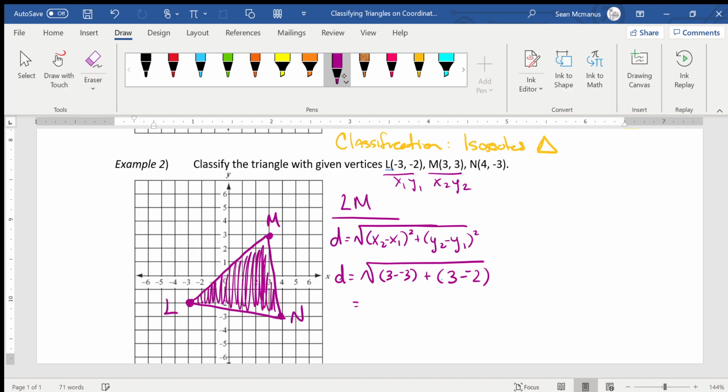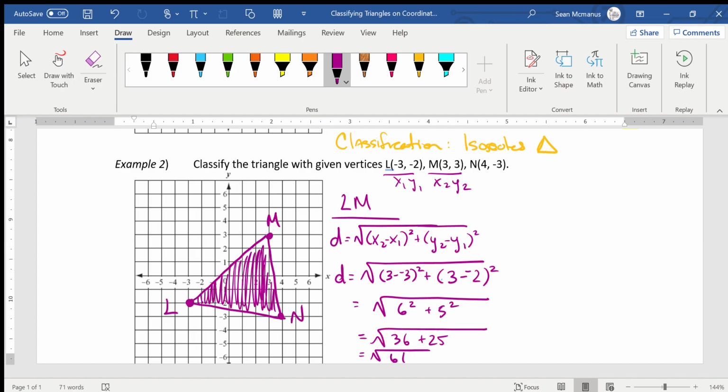So this is going to equal the square root. Oops, I forgot my squares here. 3 minus -3 is 3 plus 3, which is 6 squared, plus 3 minus -2 becomes 3 plus 2, so 5 squared. So the length of LM is the square root of 36 plus 25, which is 61, square root of 61.